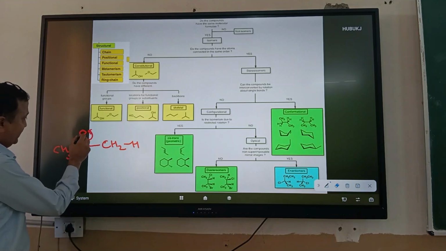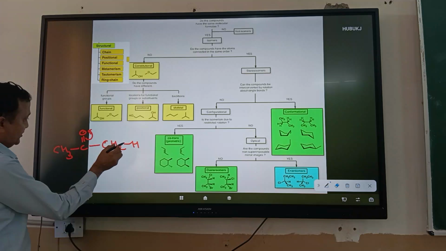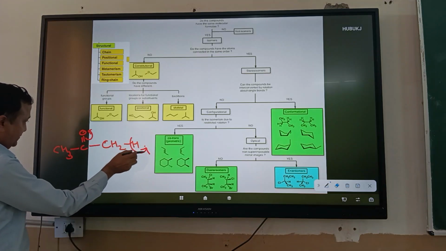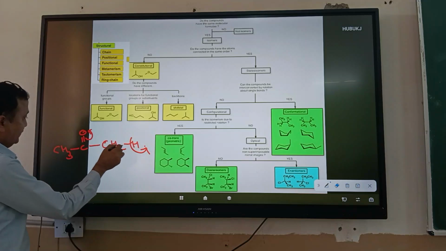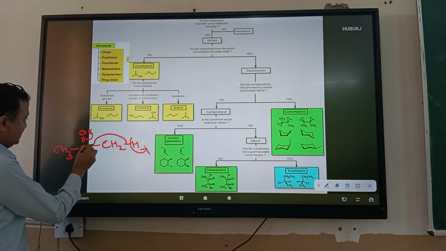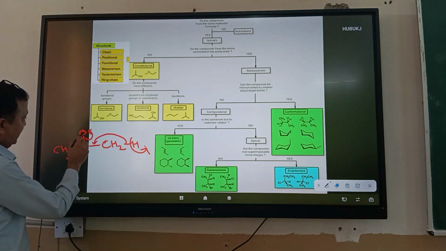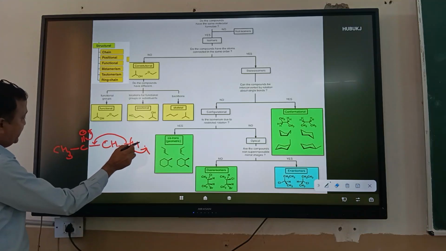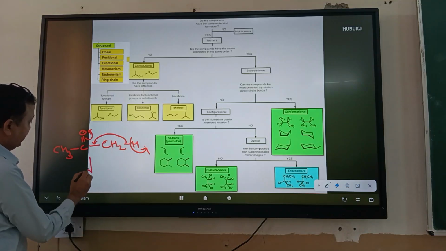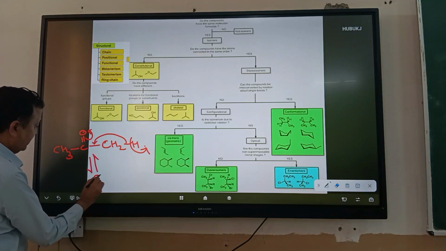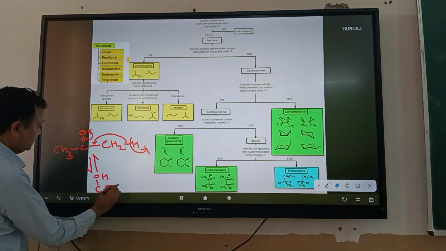It will bring the negative charge over the oxygen, and hydrogen as a positive charge species will leave this methyl group. Here this sigma bond migrates in the form of a pi bond, and this oxygen will become negatively charged. Hydrogen will leave this substrate as a positive charge species, and you will get an alcoholic group.